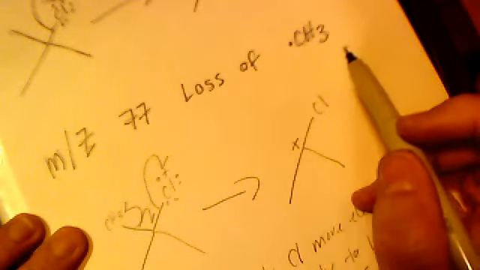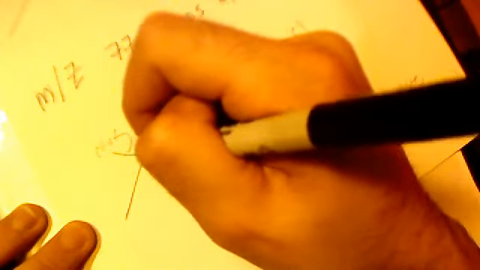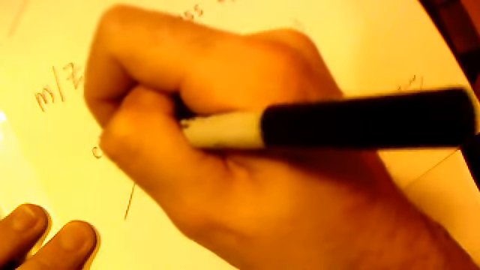And then for MZ 77, we'd have to lose a neutral methyl radical. We can deduce that because 92 minus 15 equals 77. And the mechanism for that would be something like this. Right, so here it is.